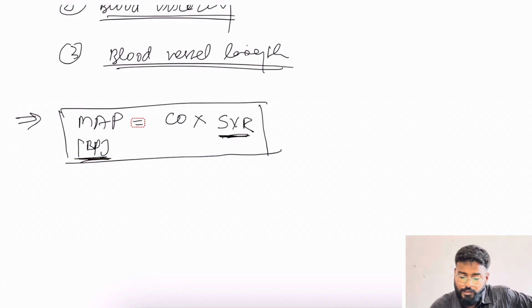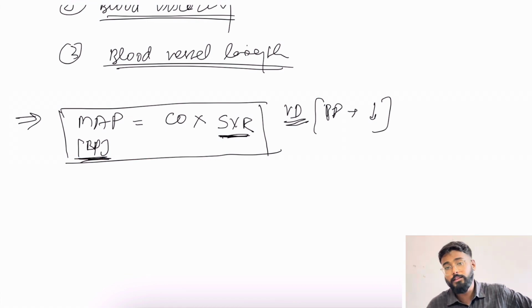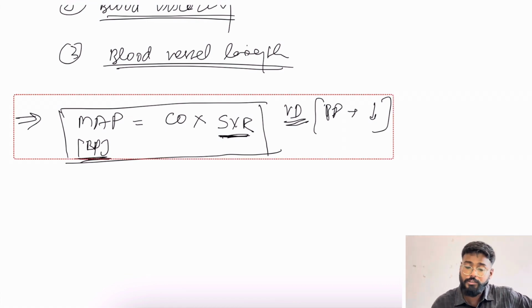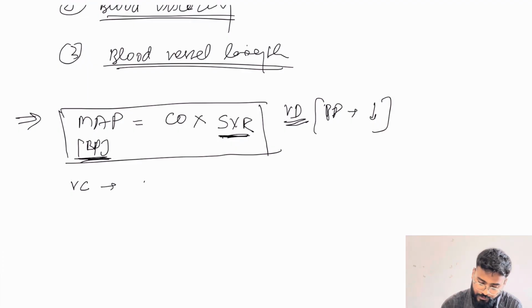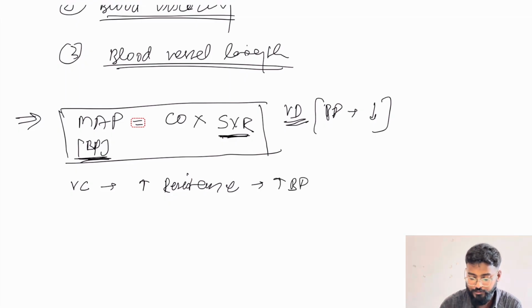So let's just say you had vasodilation. Whenever there is vasodilation, the blood pressure, the BP, is going to decrease, and when the BP decreases, your systemic vascular resistance also decreases. Now, can we say that in case of vasoconstriction, there is increased resistance, increased blood pressure?